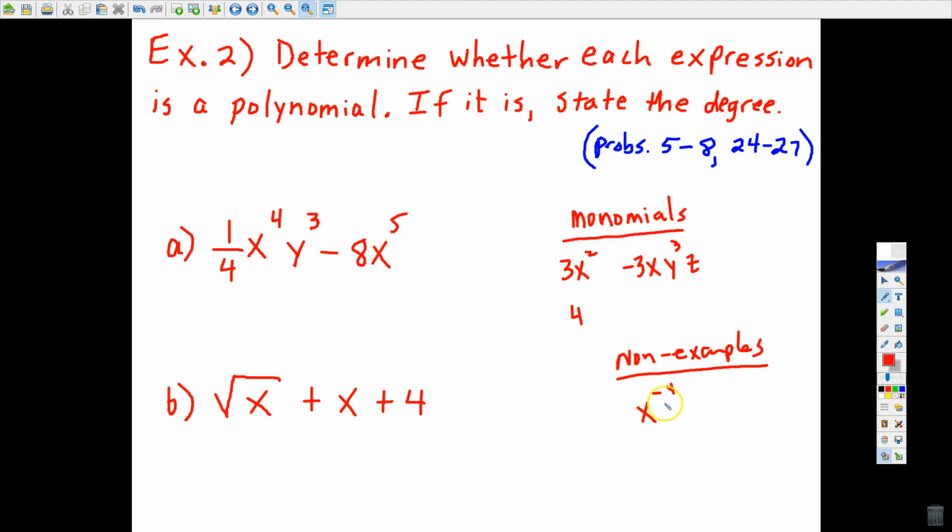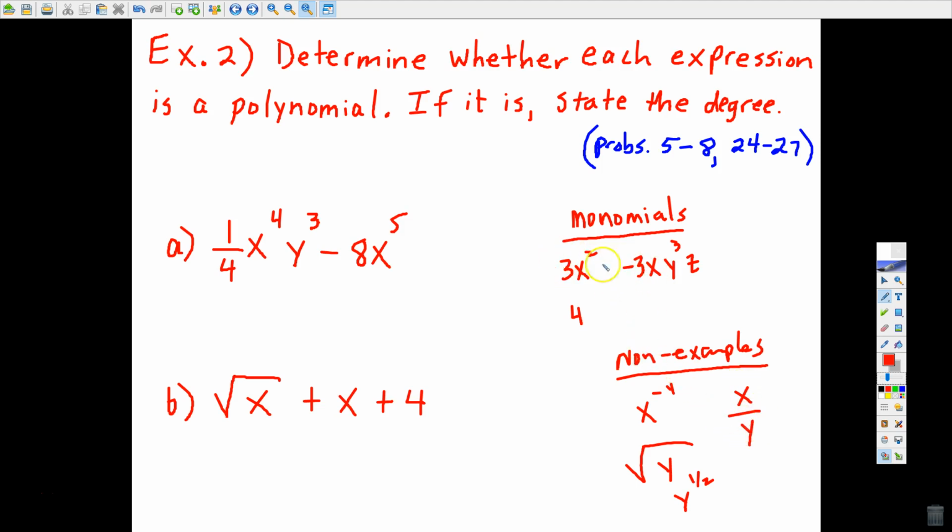That is not a monomial because it has a negative exponent. The square root of a variable is actually exponent 1/2, and to be a monomial, it's got to be a positive integer as the exponent, and 1/2 is not an integer, it's a rational number. You can't have a variable in the denominator of a fraction. That's not a monomial. That would be a rational expression, but it would not be a monomial.